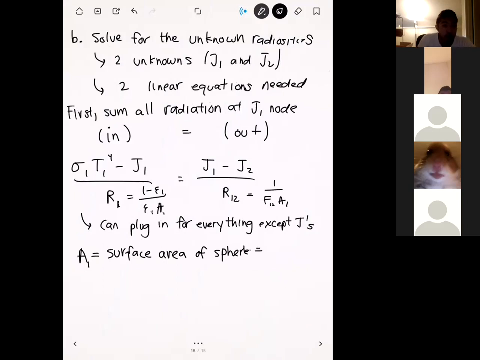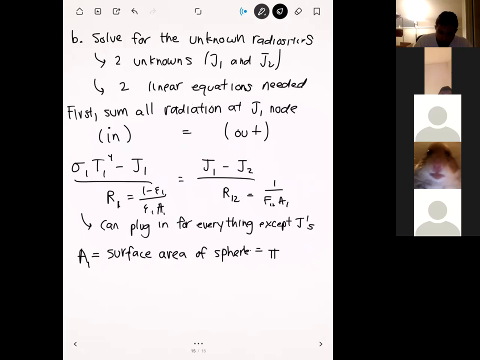So the surface area of the sphere is going to be, let's say this is pi... I'm sorry, these are actually just circles here. So these are just circles, not spheres, and we'll consider them to be cylinders down the length.